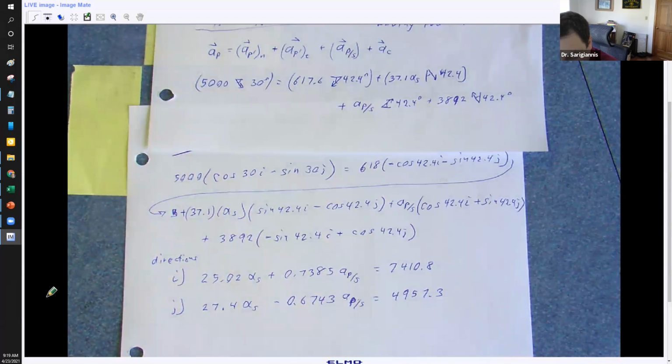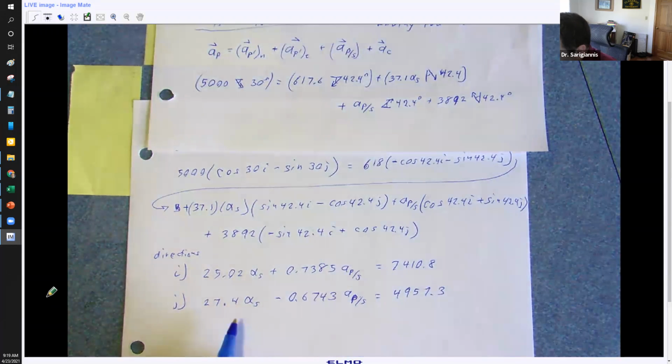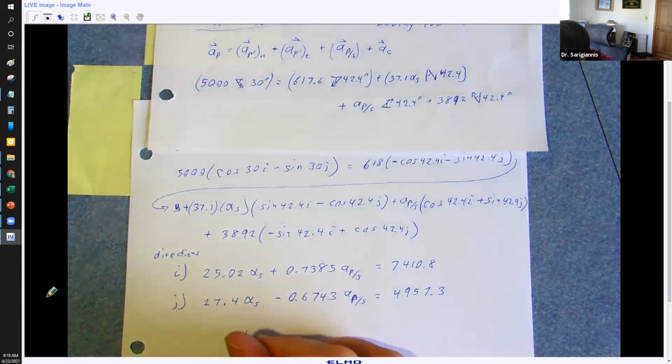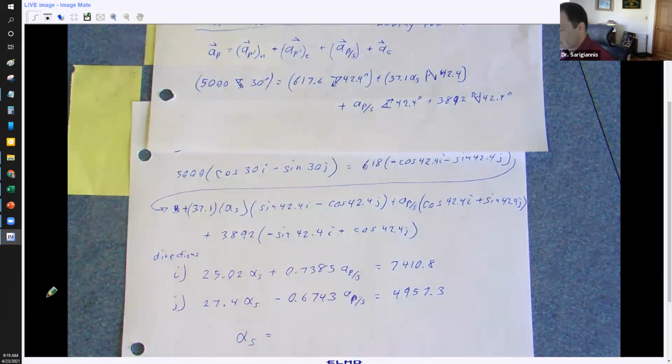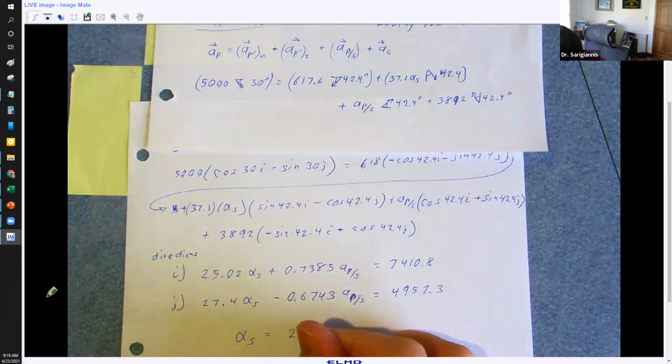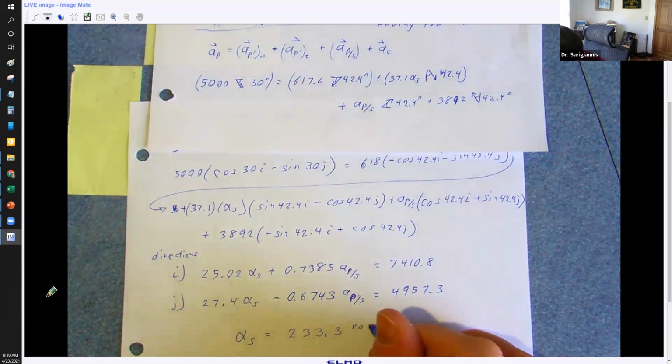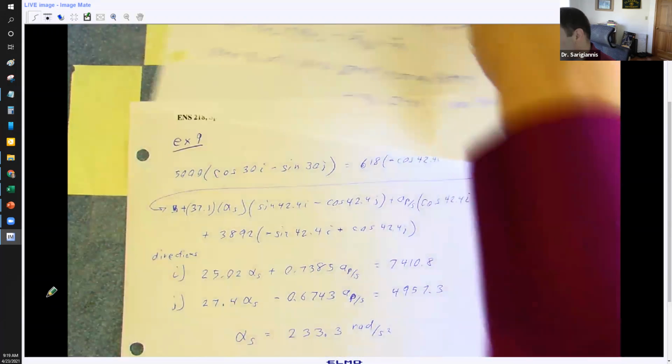It looks like I forgot to write down the solution. We're looking for alpha S. If you solve these two equations, two unknowns, you wind up with alpha S is 233.3 radians per second squared.